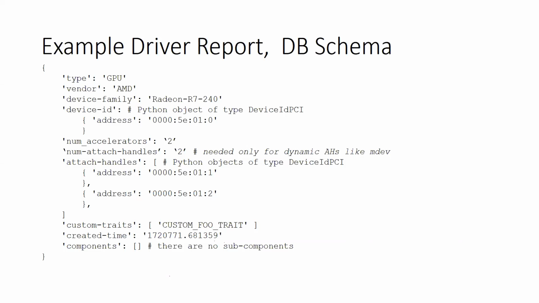But my methodology of designing the database in the first place was we have an accelerator table. It tracks the physical existence of the card. So regardless of how many PFs or other things you have on the card, it will have one entry in the accelerator table, right?